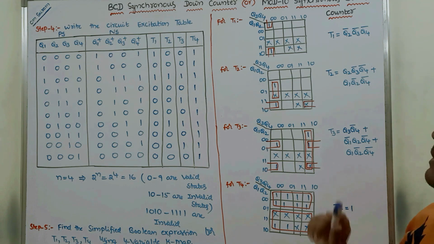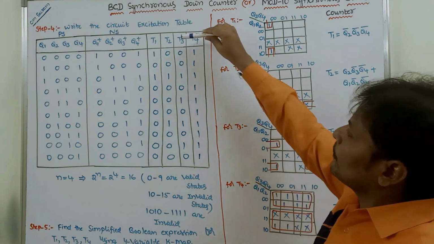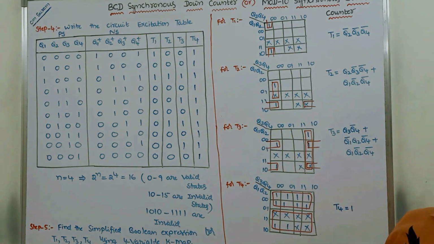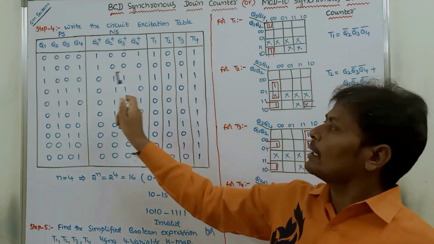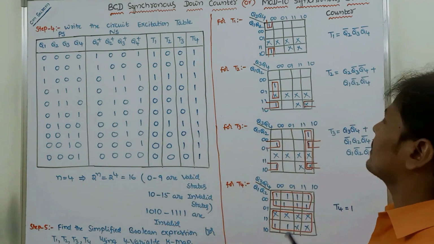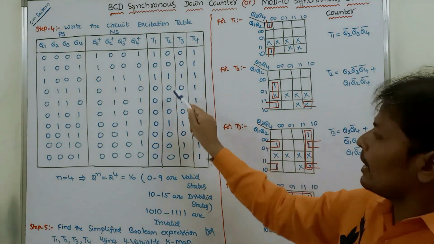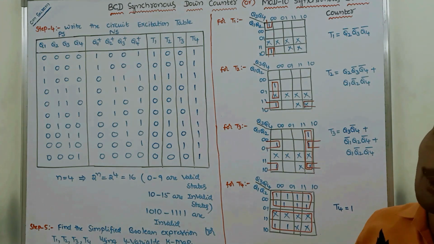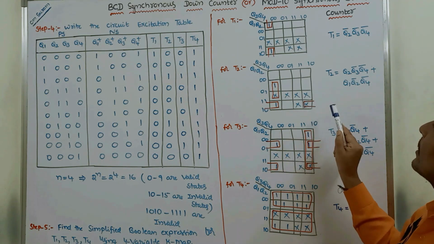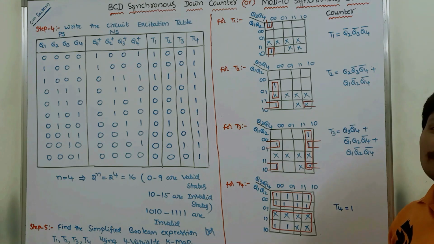Next, for T2, we have to identify in the T2 column and observe only ones. Here 1 is there, the corresponding input combination is 8. Next, here 1 is there, the corresponding input combination is 4. Okay, and 10, 11, 12, 13, 14, 15 are don't cares.